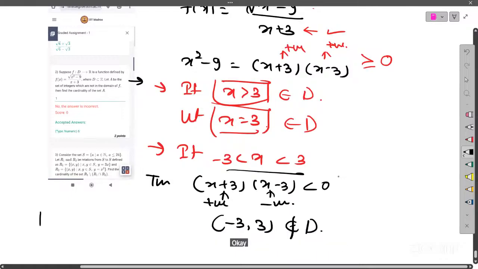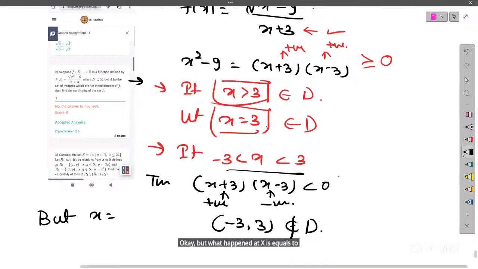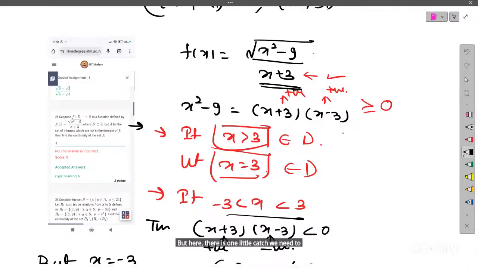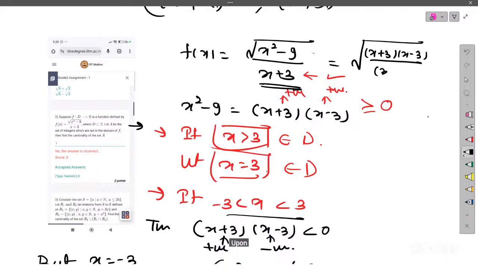But what happens at x equals minus 3? At x equals minus 3, this factor x plus 3 is becoming 0. There is one little catch we need to understand. We can also write this as (x plus 3) into (x minus 3) upon (x plus 3) the whole square, but ultimately we get the same thing.